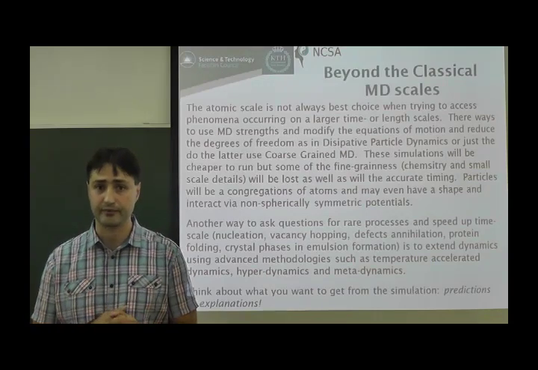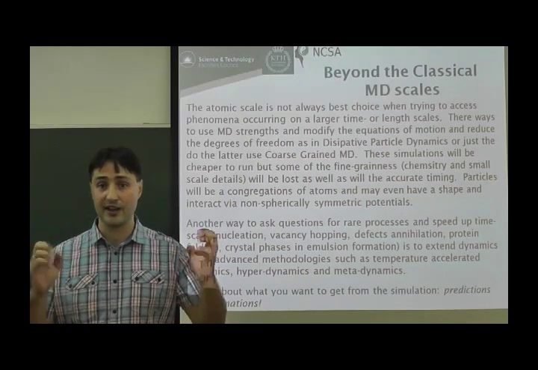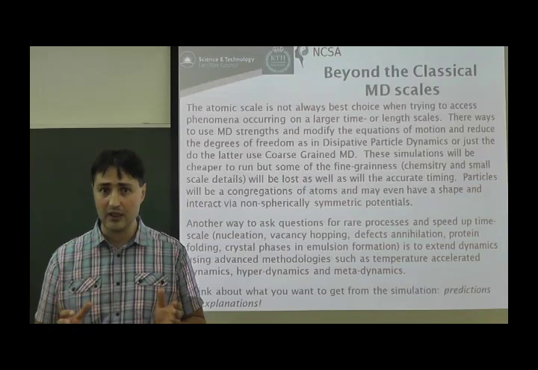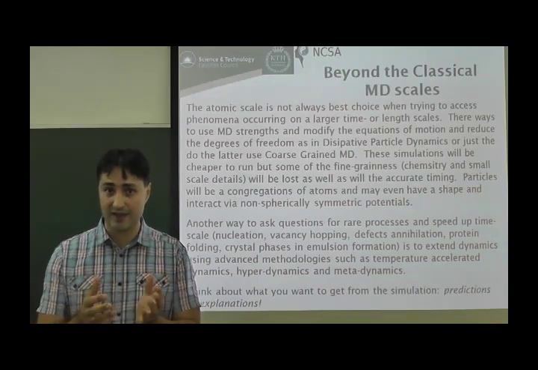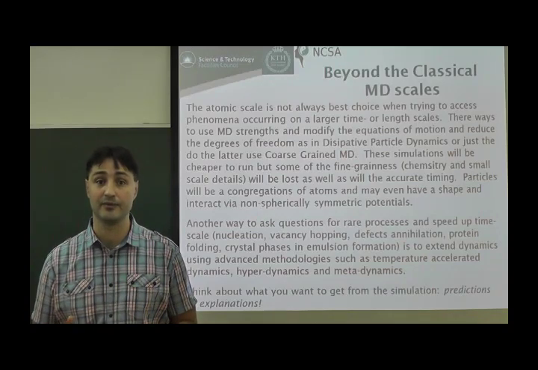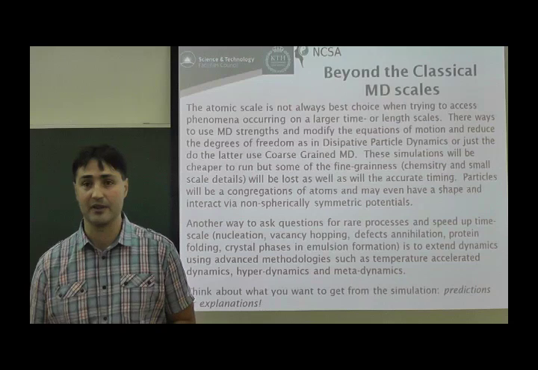However, if you want to look at a congregation of particles as one particle, this is a type of coarse graining. We can reduce the degrees of freedom in that way and use methodologies like dissipative particle dynamics, or just use coarse grain molecular dynamics.